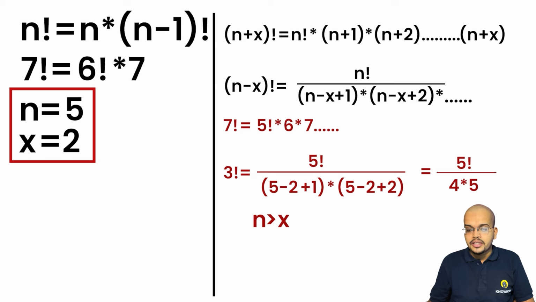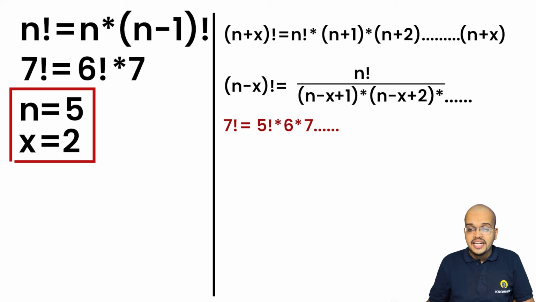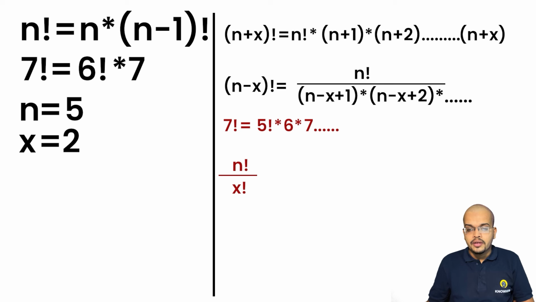So let me tell you that there is one small understanding that you have to have. Let me give you a small example. When n is greater than x, n is greater than y, n is greater than a, n is greater than b, you can take any element.